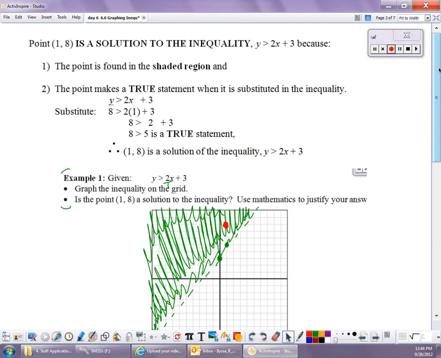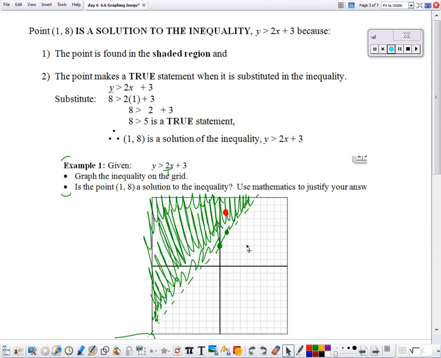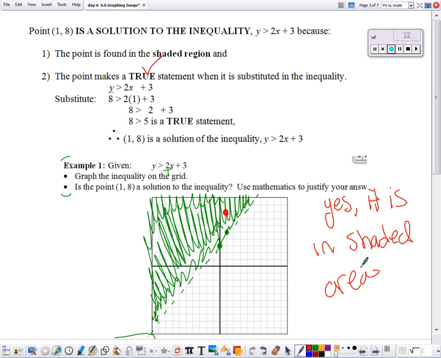So turn the page, and I put a picture of my graph here. So is the point in the colored in area? And it is, so that makes it true. So is the point a solution? Yes, it is in the shaded area.